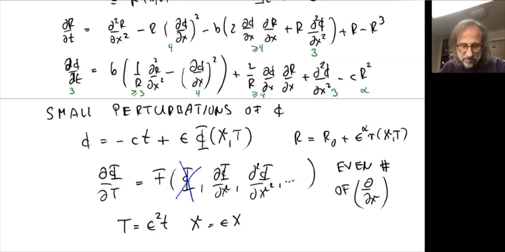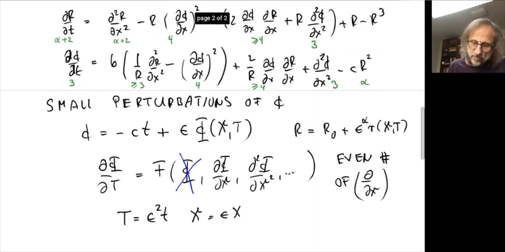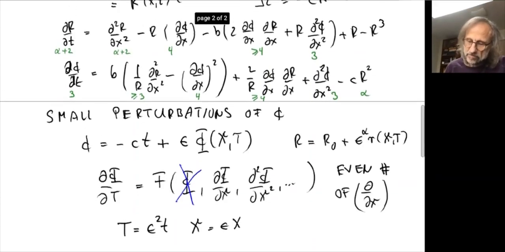Okay, so what do you see? Just for completeness, we could write it down. R is alpha, so this is alpha plus 2. And this is also alpha plus 2. Okay, good. So the leading order, we simply get from the R equation only this term. Let's write that down.